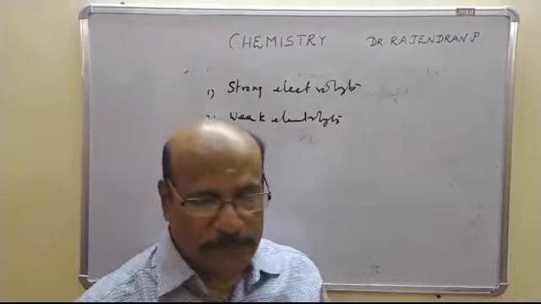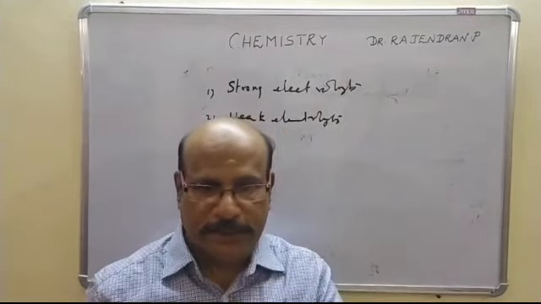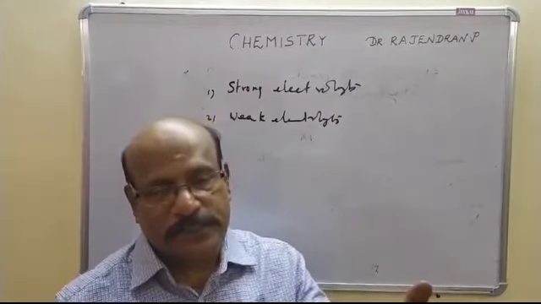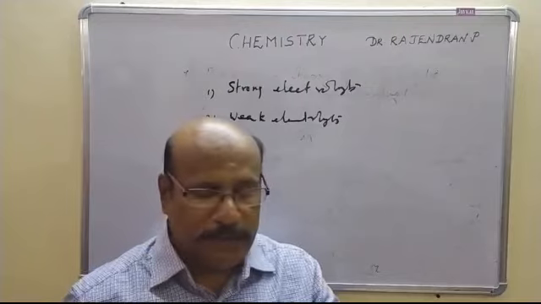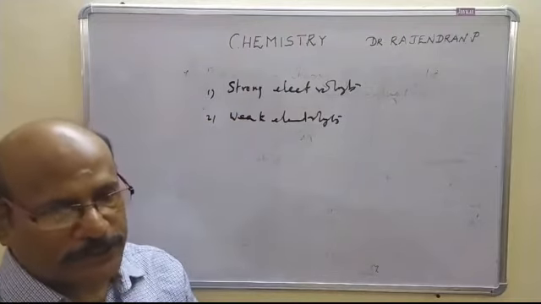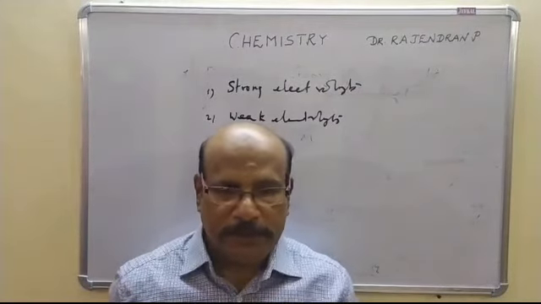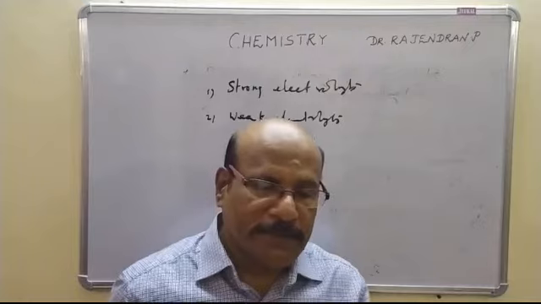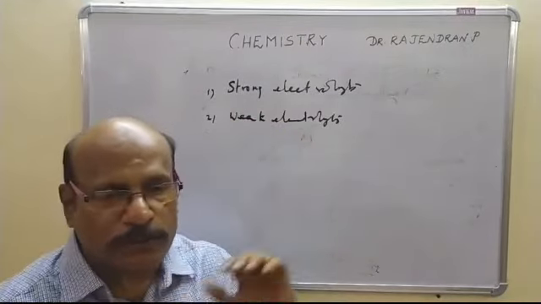Strong electrolytes are those electrolytes which are almost fully dissociated at their initial concentration. The state when we prepare a particular electrolyte at a given concentration is called initial concentration. When a strong electrolyte is prepared at a given concentration, it is almost fully dissociated.